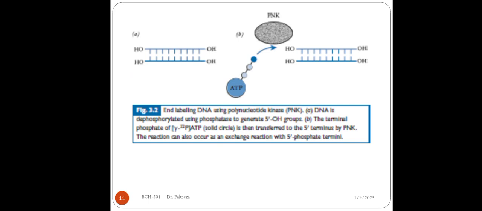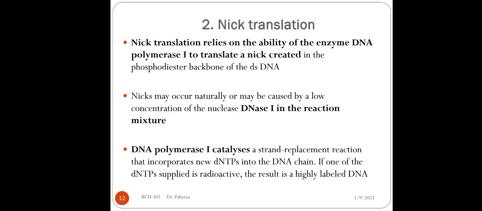In this slide, you can see how polynucleotide kinase can be used for inserting a phosphate into a DNA molecule, and this phosphate is coming from a donor molecule which is ATP, and again the terminal phosphate is the labeled one.